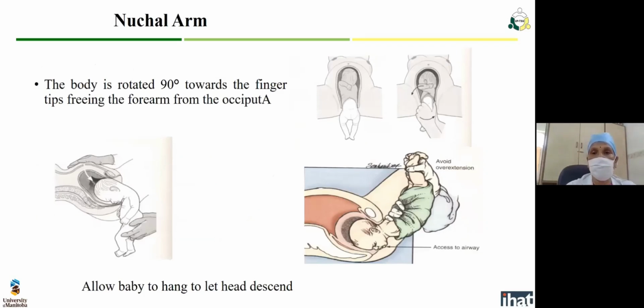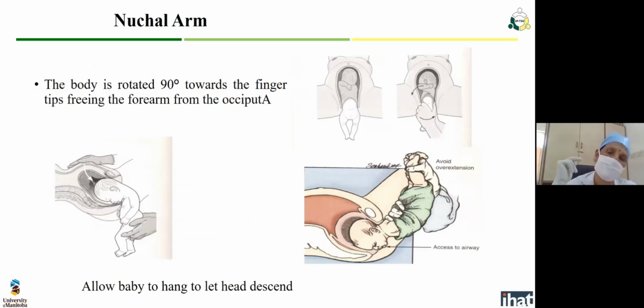Now, what happens in nuchal displacement? Nuchal displacement means the baby का hand जो है occiput के पास चला गया and it is behind the occiput. In that case, क्या करना है आपको? You rotate the baby by 90 degrees towards the direction of the finger of the hand.